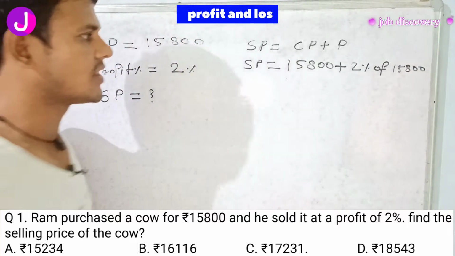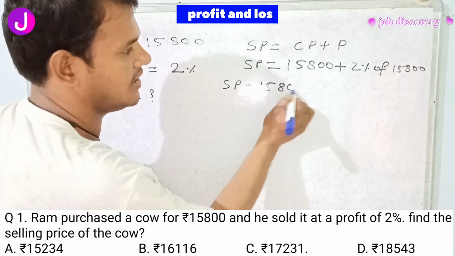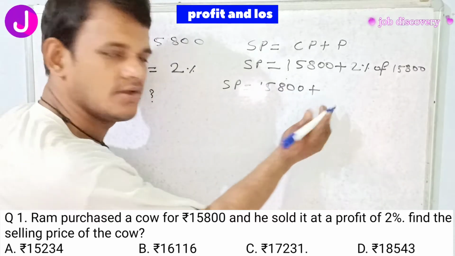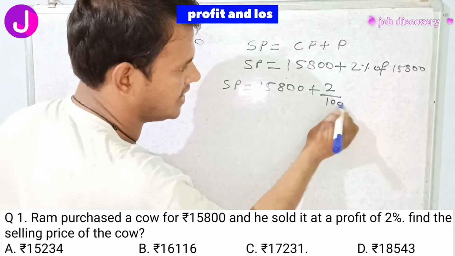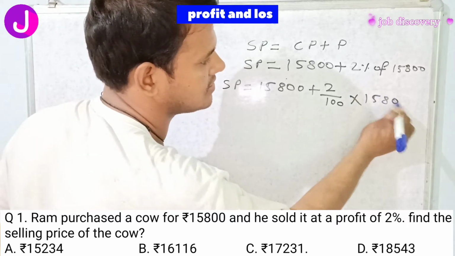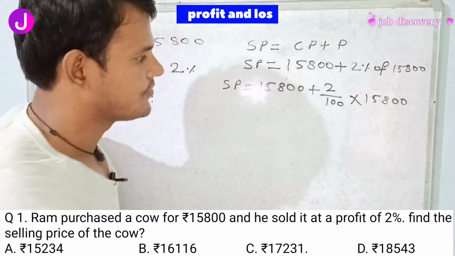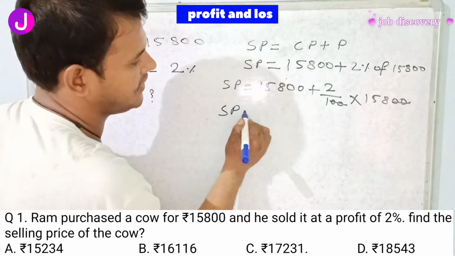So SP will be 15,800 plus 2 by 100 into 15,800, because percent means divided by 100. The 00 and 00 get cancelled.